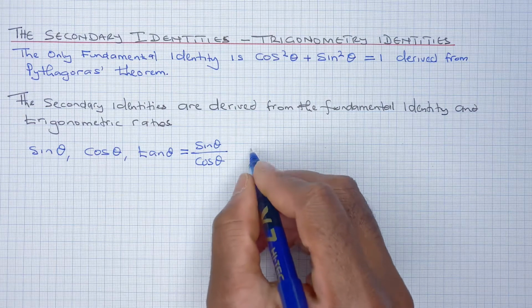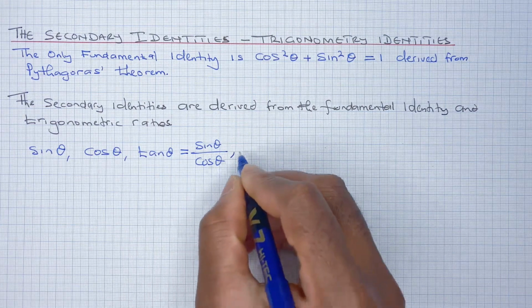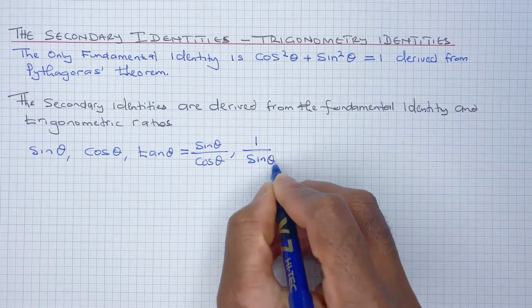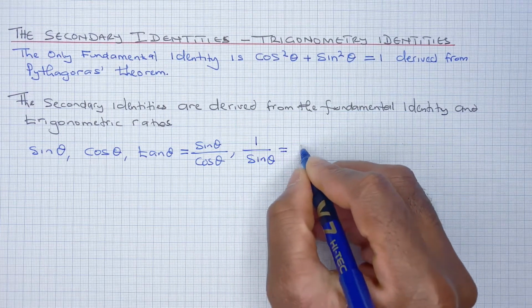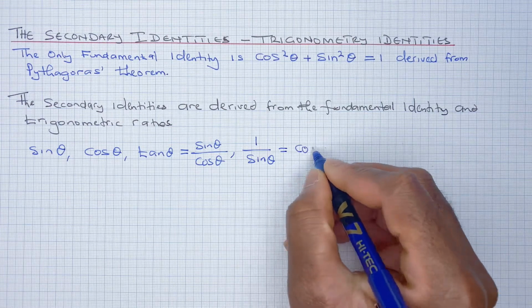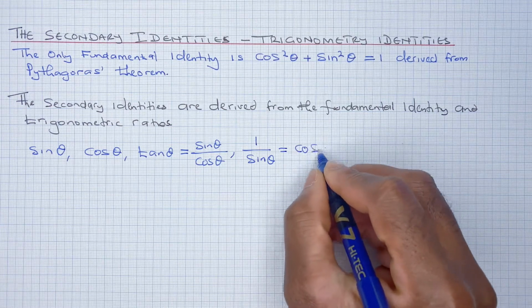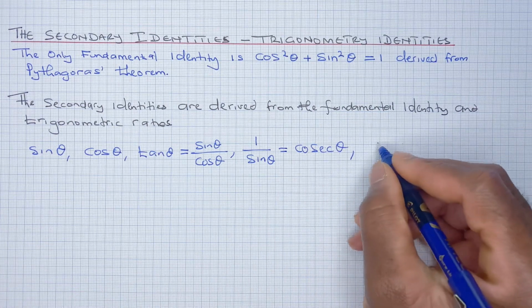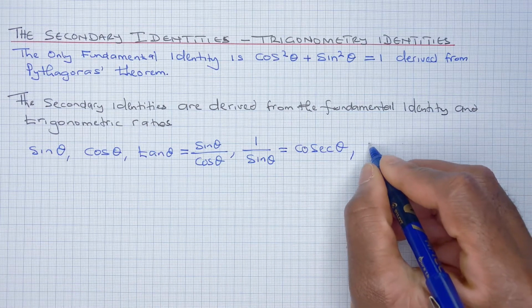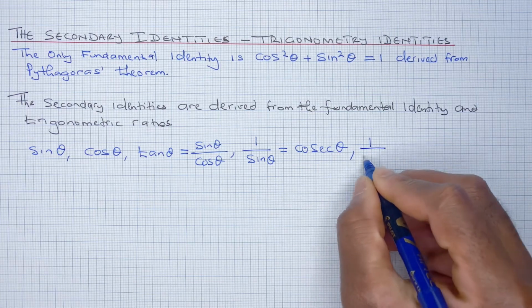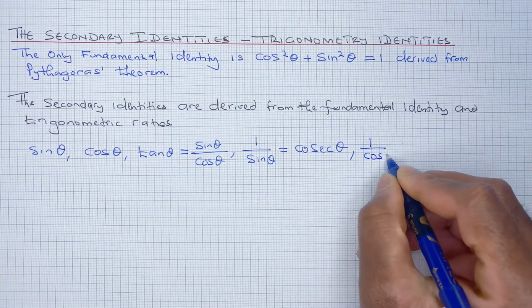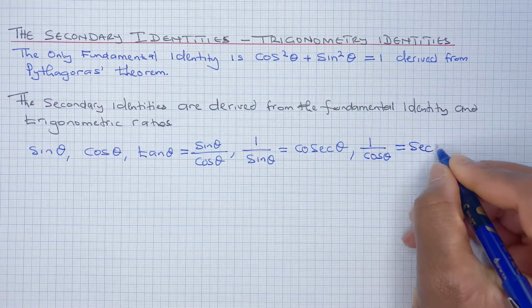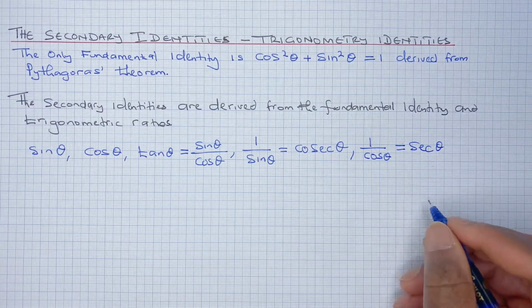Another trig ratio is 1 over sine theta, which is cosec theta. Another one is 1 over cosine theta, which is sec theta.